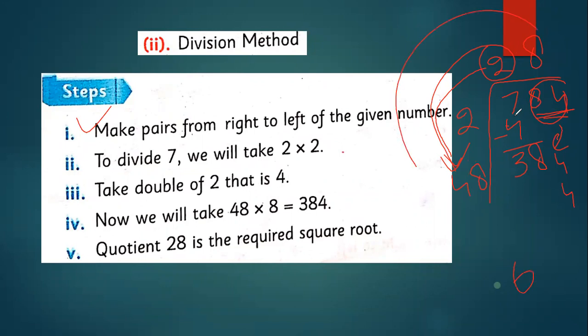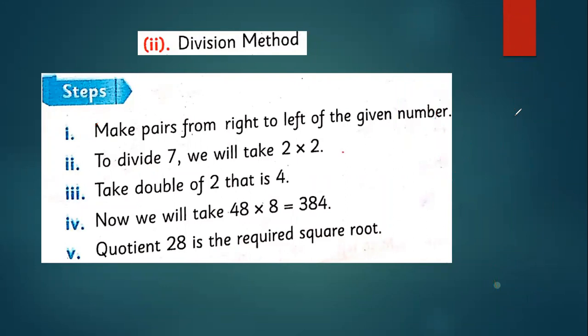So 8 fours are what? 8 fours are 32. 32 and this 6 becomes 38. Yes, so that is done. No remainder. That 28 is the answer that you solved in the previous question as well.